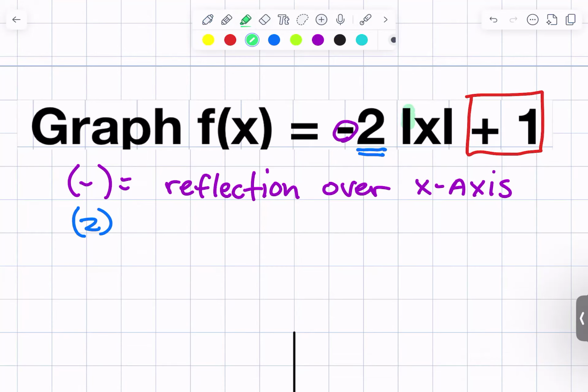And again, if you cannot decipher which one it is, color in the absolute value, right? Whatever's on the inside of my absolute value is on the inside. Whatever is on the outside is on the outside. So that's outside, so that's vertical, right?